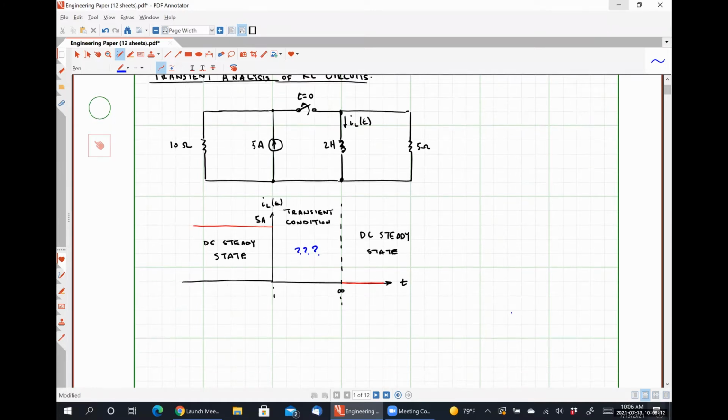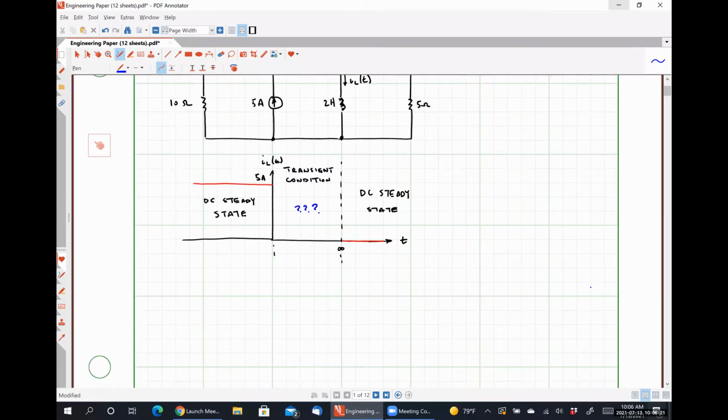So what we are going to do is analyze a generic circuit during the transient condition specifically.